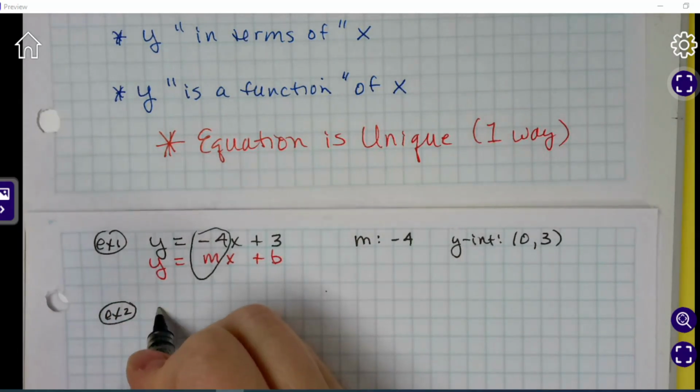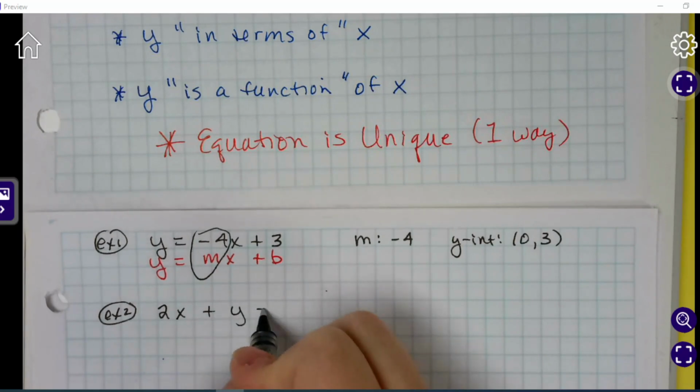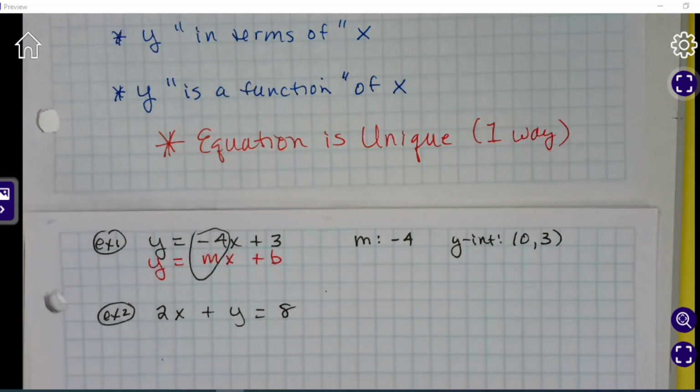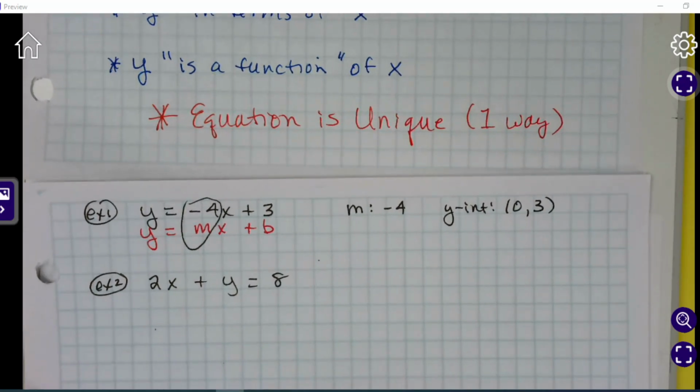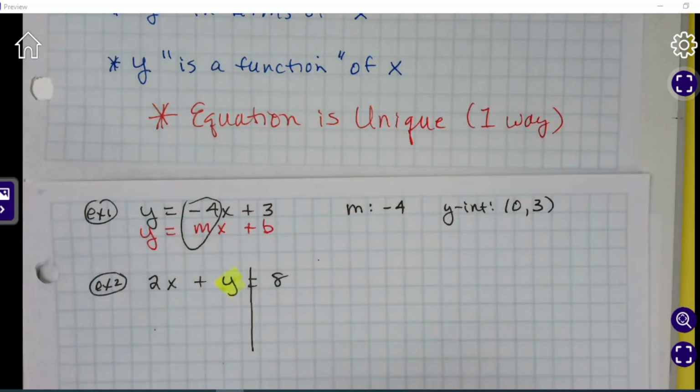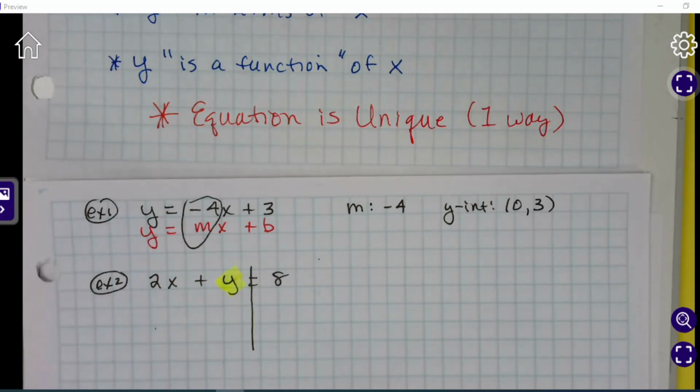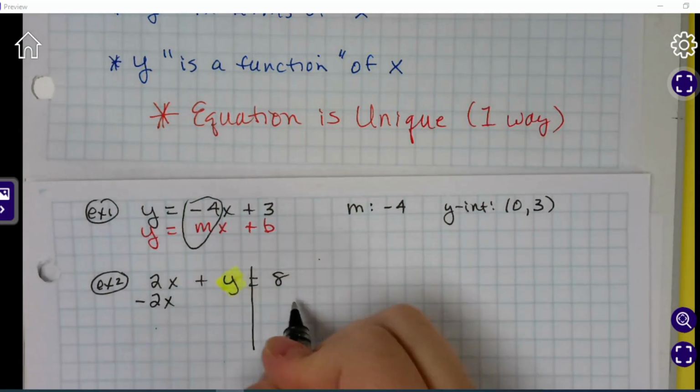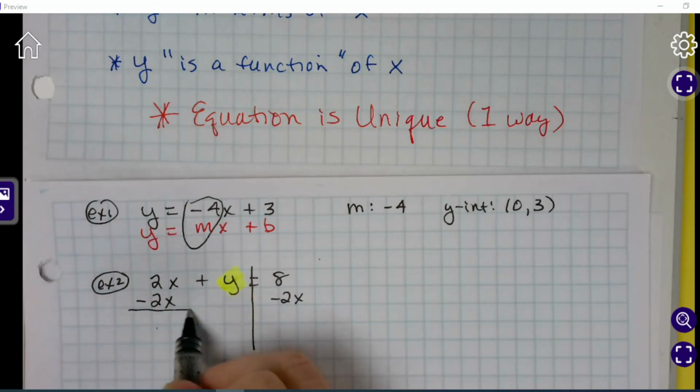All right, example 2. 2x plus y equals 8. Okay, this one is actually in standard form. It's not in slope-intercept form. So in order to be in slope-intercept form, we need to solve for y. Well, use your solving steps. Add or subtract y's left. Add or subtract non-y's to the right. So the 2x needs to move. So we're going to subtract 2x from both sides.